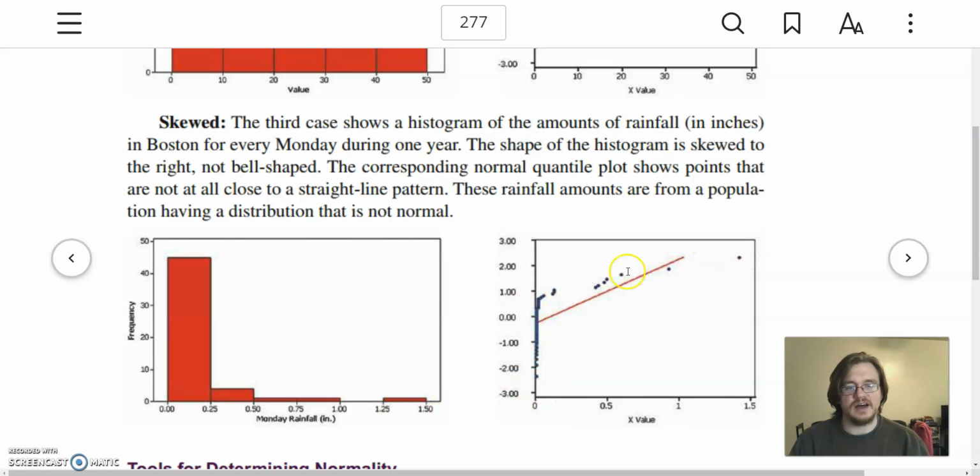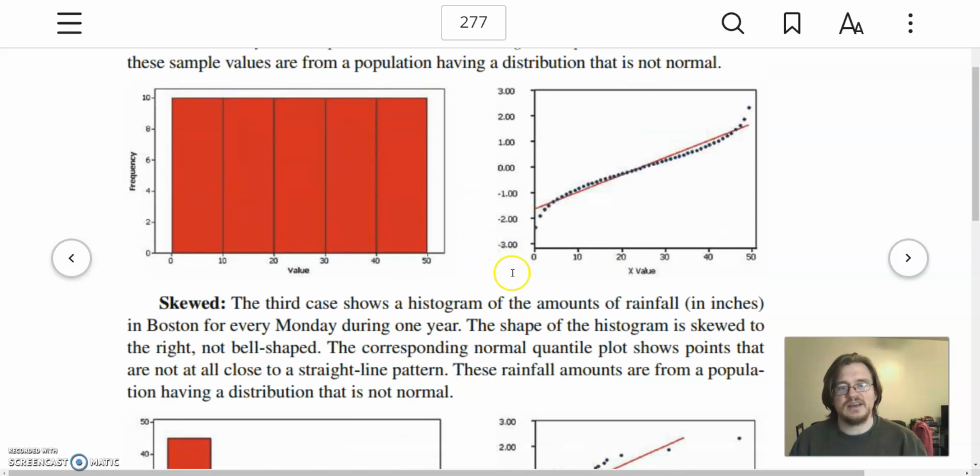We'll have a sort of bent graph here. So in the next video, I will construct one of these plots more explicitly, but I think the main thing here is to just recognize when our normal quantile plot is going to correspond to normal distributions: when it's a straight line without any systematic pattern.